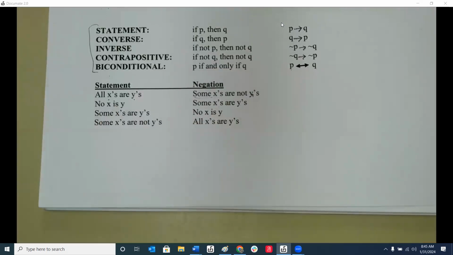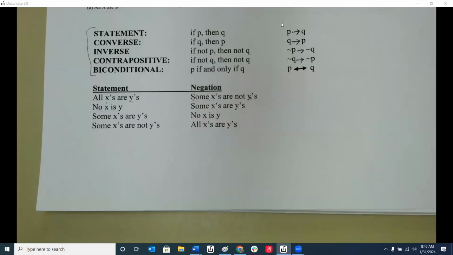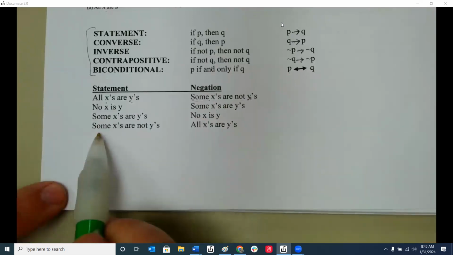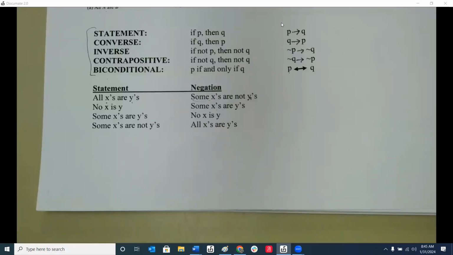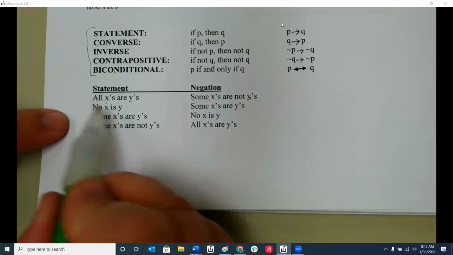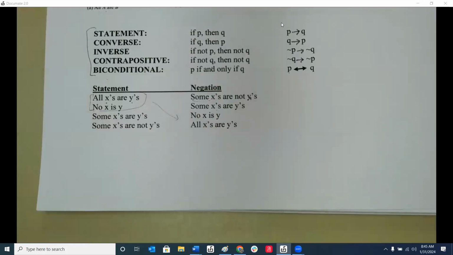Some x's are y. This one says no x's are y. Some x's are not y's. All x's are not y's. I know what you're thinking. You were thinking that these would go together.